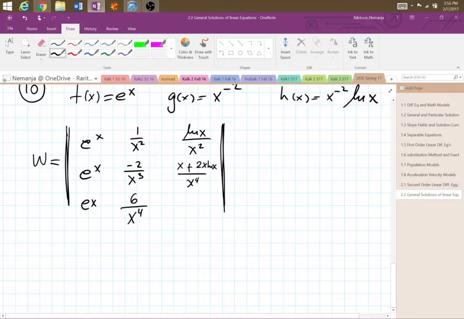We can factor out an x. So it's x plus 2x ln x over x to the fourth. When we factor out an x on top and cancel with one from the bottom, we're going to get x plus 2x ln x.